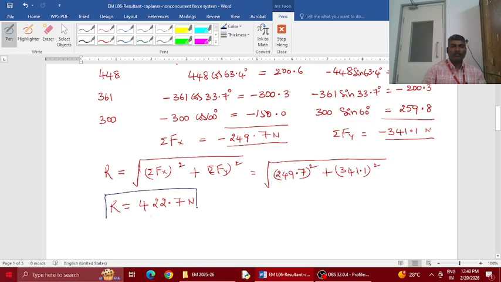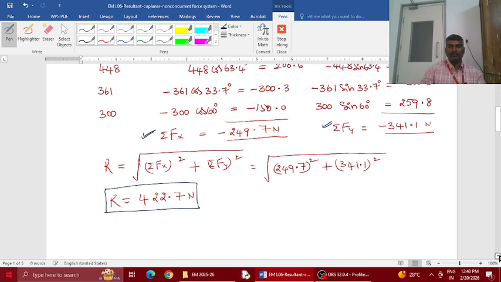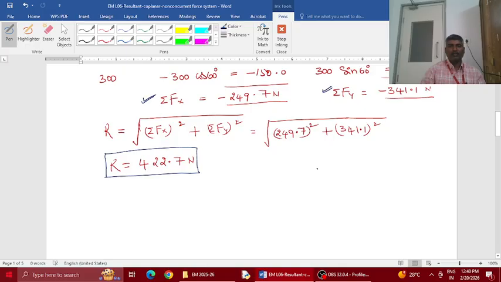So next calculation is its direction. Okay. So what is the direction? First plot these components onto the coordinate system. Okay. So this is y-axis, this is x-axis.